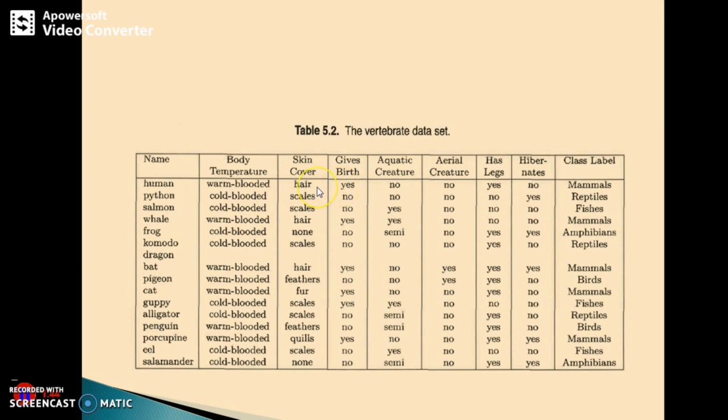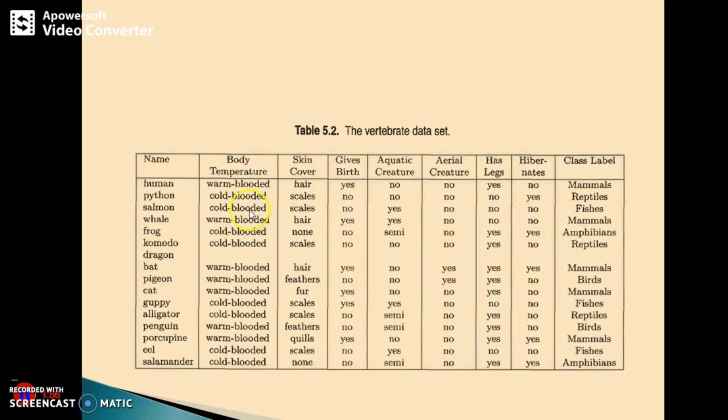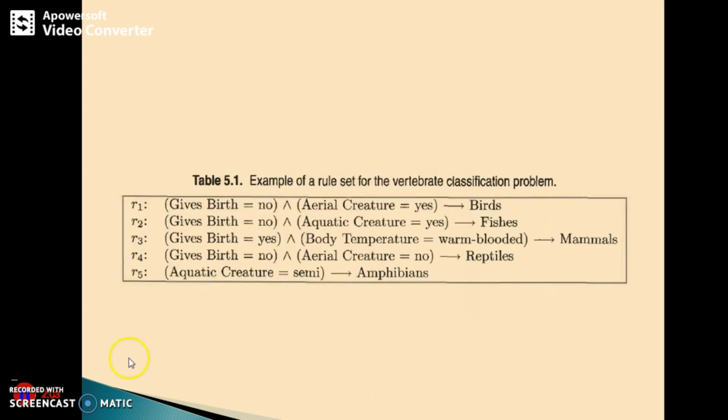Is this record covered by any other rule? What are the other rules we have? Gives birth is equal to no and aerial creature is equal to yes. No, that is not covered. Again, gives birth is equal to no and aquatic creature is equal to yes.